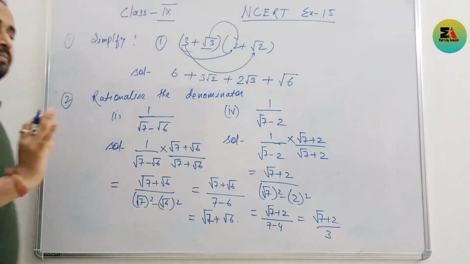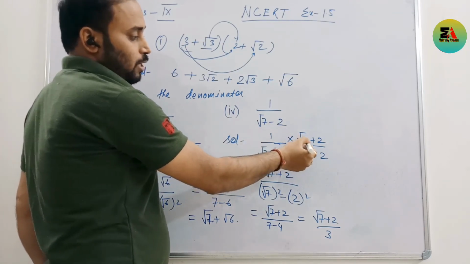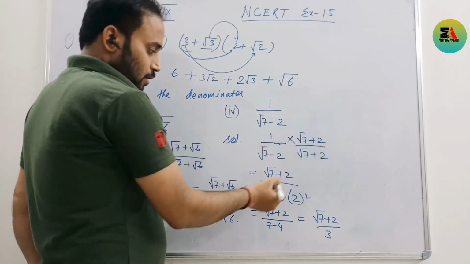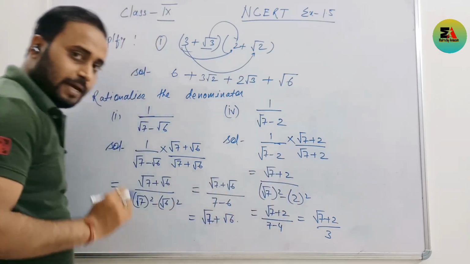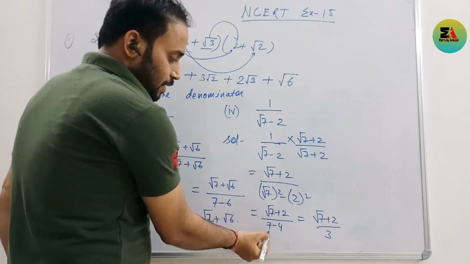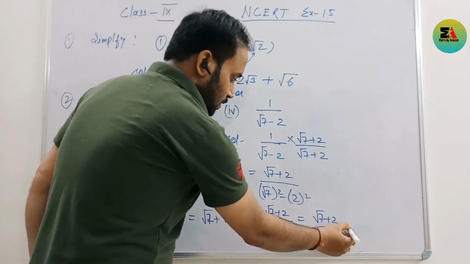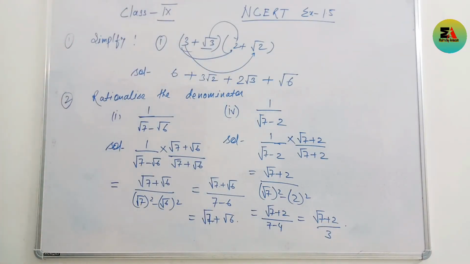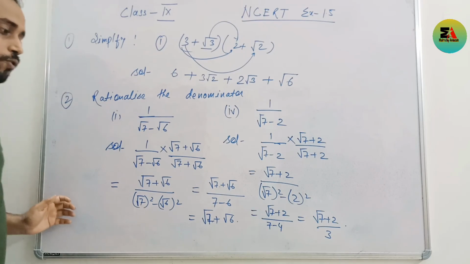Just to proceed in a similar way, our denominator is root under 7 minus 2 multiplied by root under 7 plus 2. The numerator comes here, and this is A plus B, A minus B. It becomes A square minus B square by our formula. Root 7 square becomes 7, 2 square becomes 4. 7 minus 4 becomes 3. I hope this one is clear to you. Please watch the video properly.